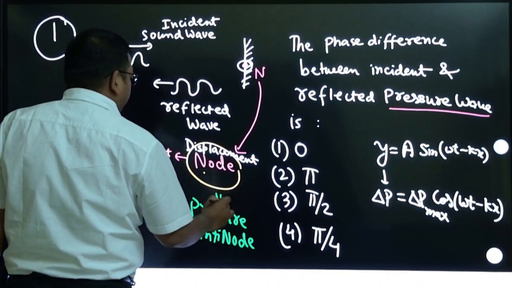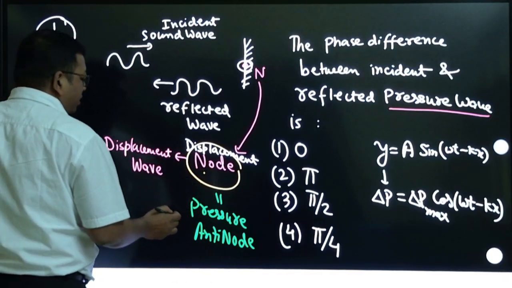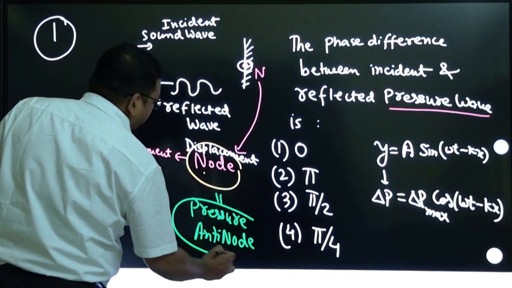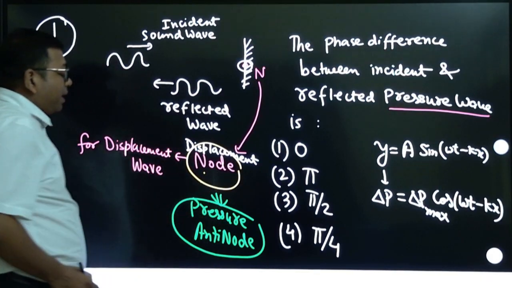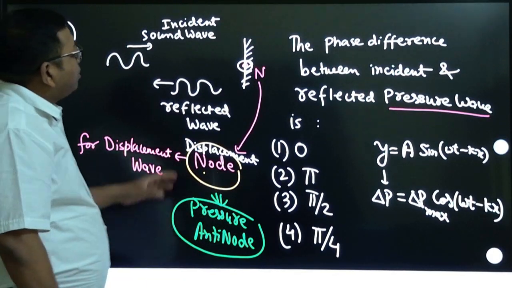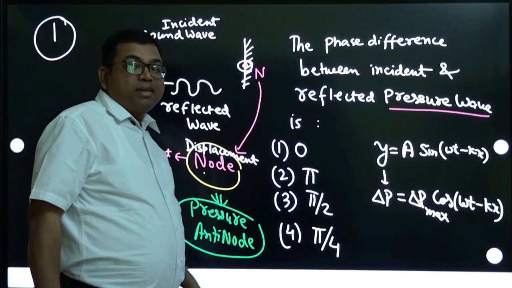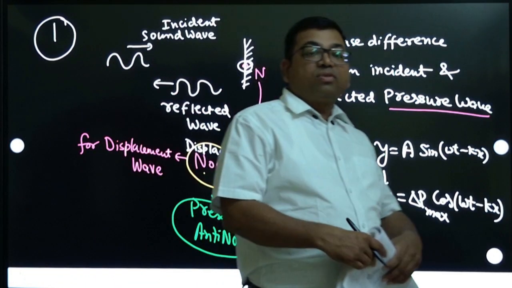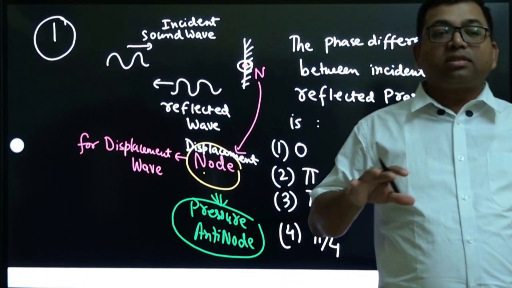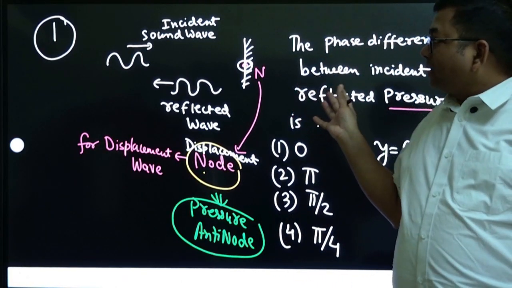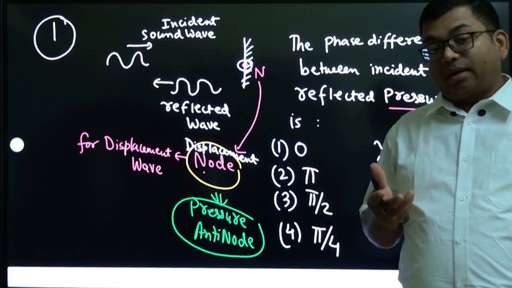So this point, which is a displacement node, is basically a pressure antinode. And if this is a pressure antinode, then pressure will not change. Antinode means it is like a free end. So the pressure wave will not change there.